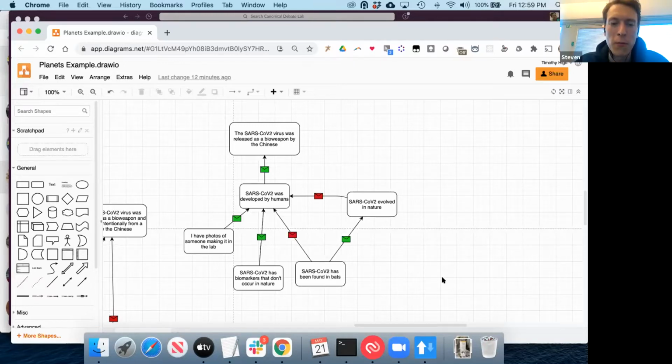Right now, if people want to enter a claim, like the photos of someone making it in the lab as a supporting argument, because people commonly make it on top of the top claim, they can't see it there. If that's a very popular argument to make, the first one that comes to mind, they have to know that it's structured as developed by humans. And as new arguments arise, a new structuring might arise.